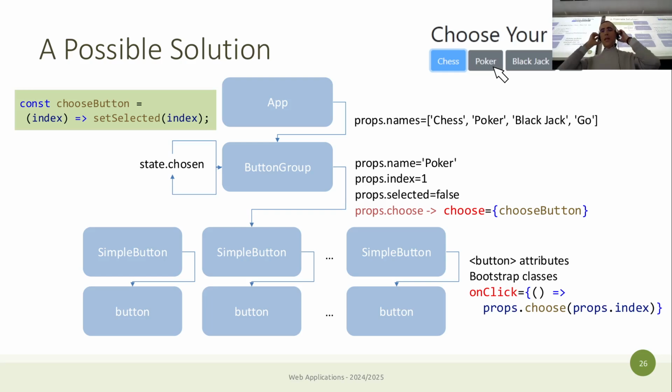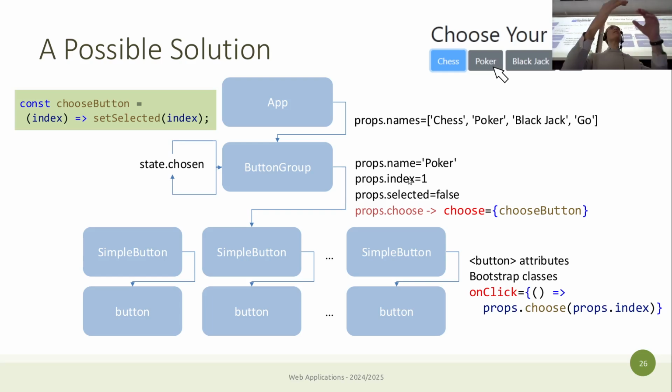And so what was missing before was props choose. So a new props that passes the function to be called by the simple button components on the onClick event to choose which button has been selected now. And that's why we wanted the index. We could have used the name, depending on how you write the code.